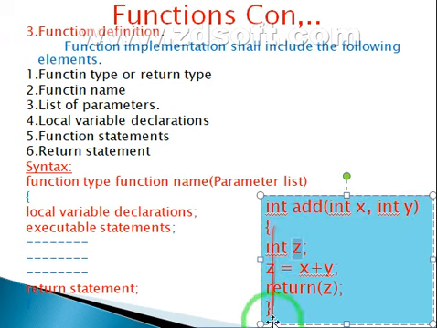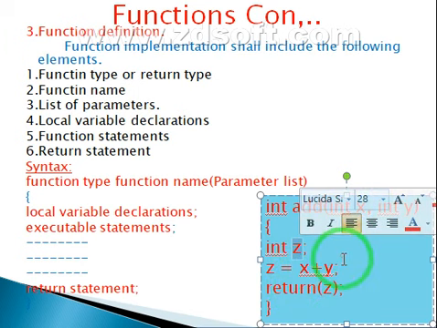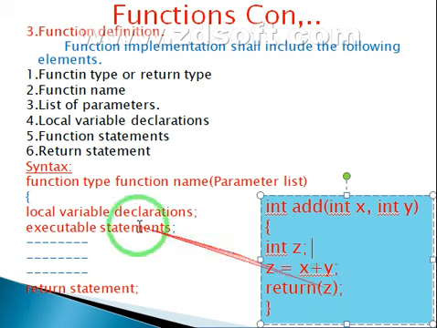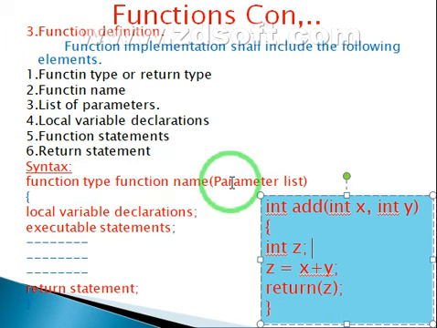So it is going to be accessed within the open and close braces. Z equal to x plus y. We are adding the 2 integer values we received that should be added. Then it is going to return the information to the function call. So the syntax we see here: function type, that is the integer, function name, that is add, list of parameters, here only 2 parameters: integer x comma integer y, open braces, local variable declaration, that means integer z.